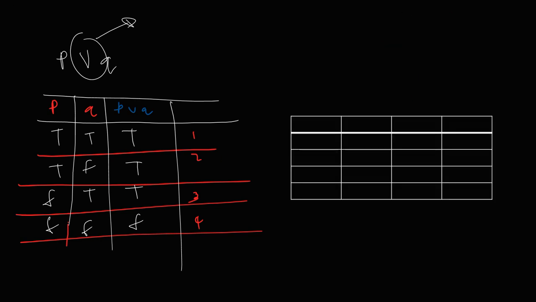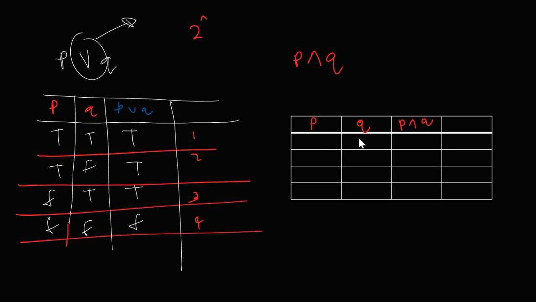So I'm going to draw a better table because I had a really bad table here. So let's look at P and Q. This is going to be P, this is going to be Q, and this is going to be P and Q. Remember I said the number of rows is going to be 2 to the power of the number of variables.